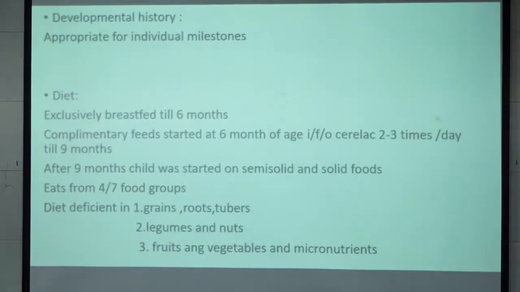Dietary, exclusively breastfed till 6 months. Complementary feed starts at 6 months of age in the form of Cerelac, which mother used to give 2 to 3 times a day till 9 months. After 9 months, child was started on semi-solid and solid foods. Child eats from 4 out of 7 food groups, and diet is deficient in grains, roots, tubers, legumes, nuts, fruits and vegetables, and micronutrients.